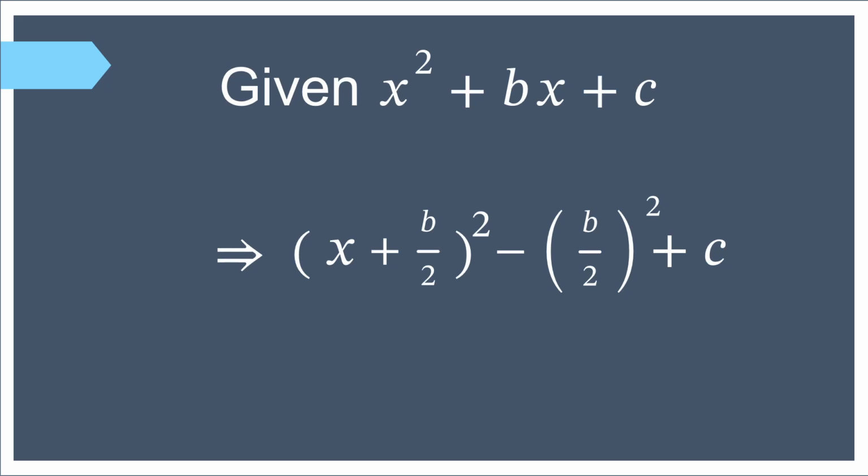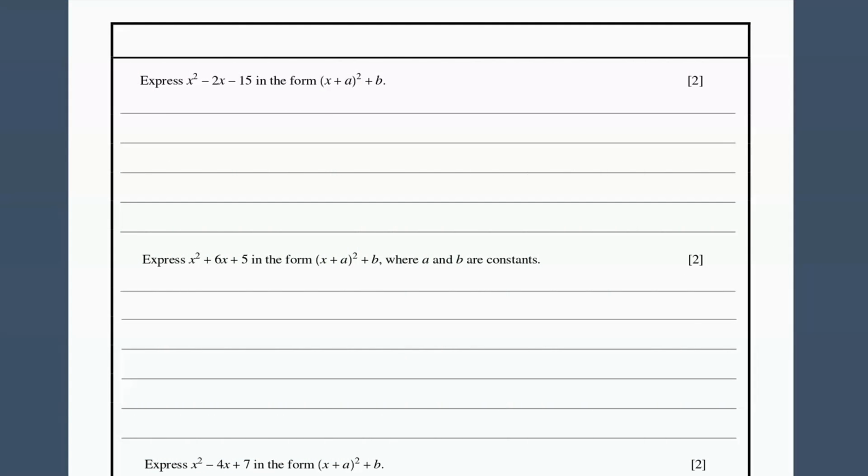Let's have an example. Here we have a question which says, express x squared minus 2x minus 15 in the form x plus a squared plus b. So in this case, we have been given x squared minus 2x minus 15. And to complete the square, I'll open up my bracket, then I'll put the square root of x squared, which is x. Then I consider the coefficient of x, which is minus 2, and half of that is minus 1.